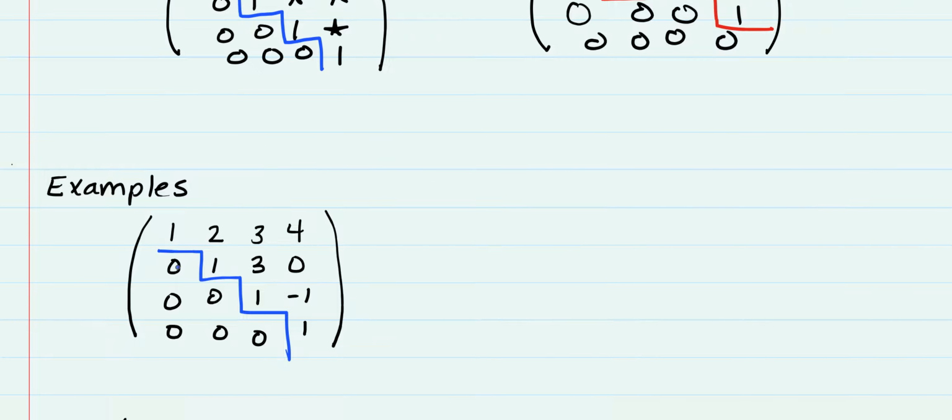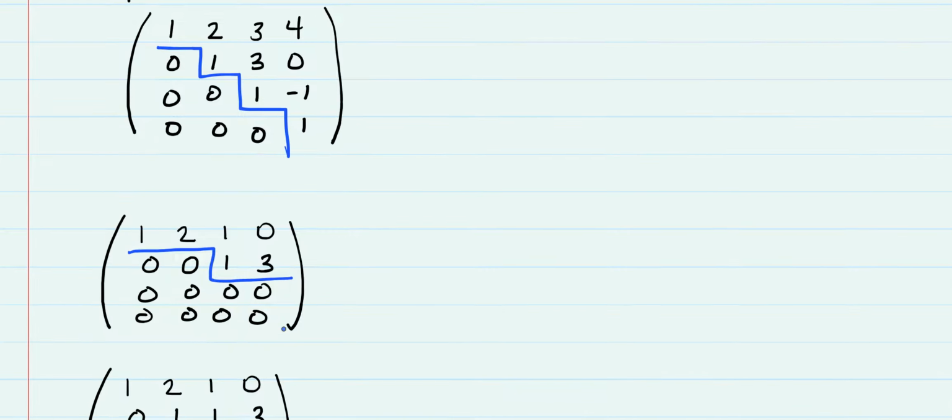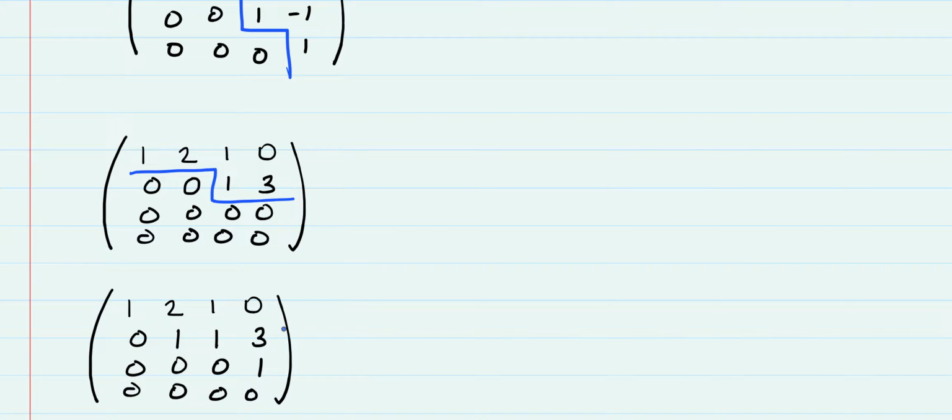Is this matrix in row echelon form? The answer is yes. Here are two zero rows, they're at the bottom, leading ones, and this one is to the right of that one. This matrix is in row echelon form. You can see that it satisfies our two properties.